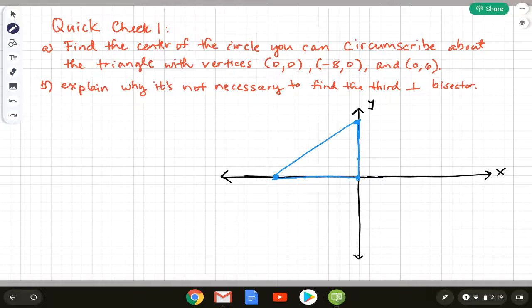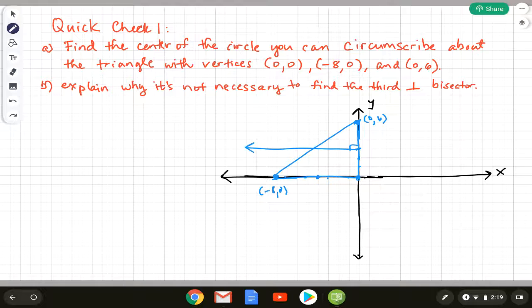I would find the bisector of the vertical and horizontal sides. So 1, 2, 3. It's going to be at 3 because that was 0, 6. And I'm going to draw a horizontal line so it'll be perpendicular. And then here, this was negative 8, 0, so it's going to be at negative 4. That's halfway.